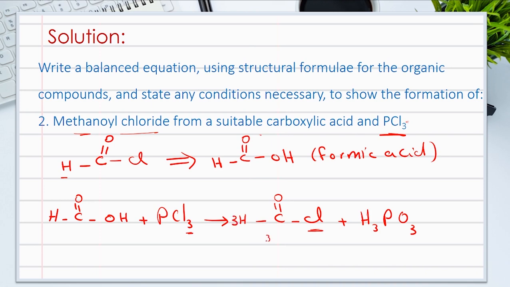By that we have 3 oxygens plus another 3 oxygens gives 6 oxygens on the product side, so we need to multiply formic acid by 3 to have 6 oxygens on this side as well. From that, you can see we have 3 moles of formic acid react with 1 mole of phosphorus trichloride to give 3 moles of formyl chloride, which has the IUPAC name methanoyl chloride, and 1 mole of phosphorous acid.